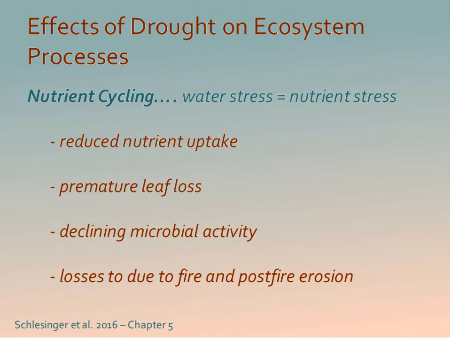And so the double whammy is that not only is there a reduction in the water available for tree growth and productivity, but also a reduction in the nutrients available for tree growth and productivity.